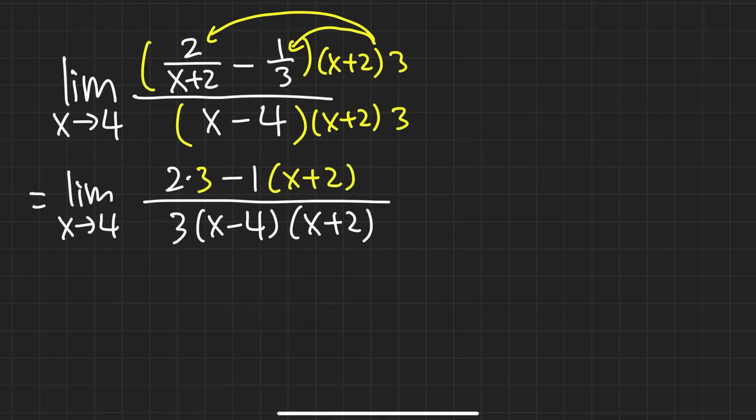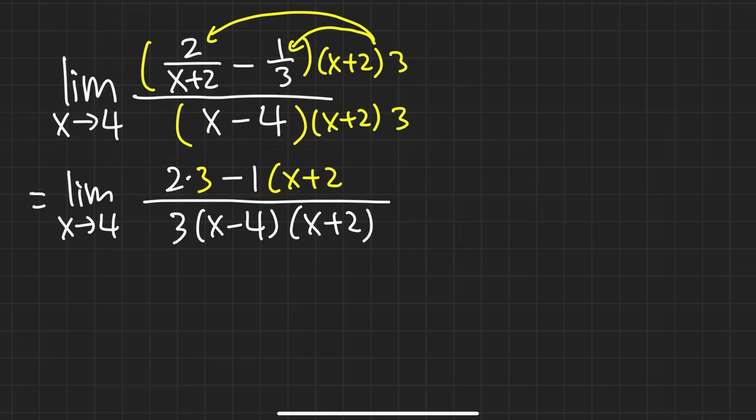Now, here's a very common mistake when people do this kind of question. Notice that we have the x plus 2 right here, right? But do not cancel them out. Do not cancel them out. The reason is that at the top, notice we have the minus here. We will have to work it out, combine terms on the top before we can cancel anything.